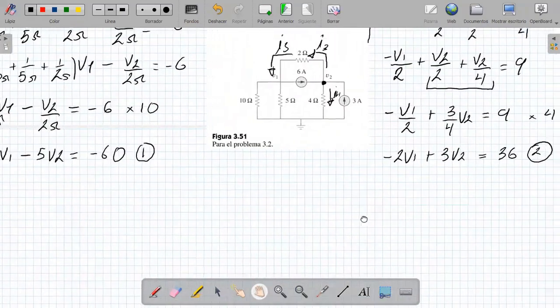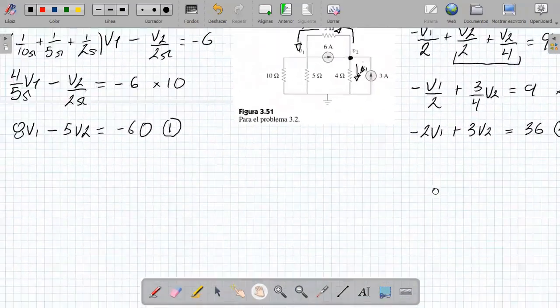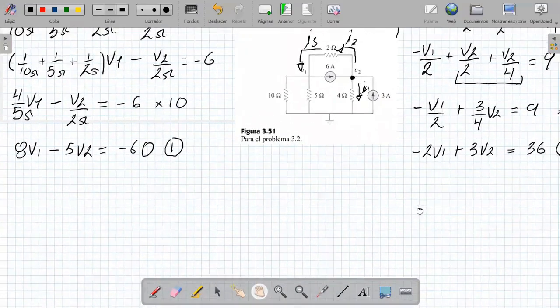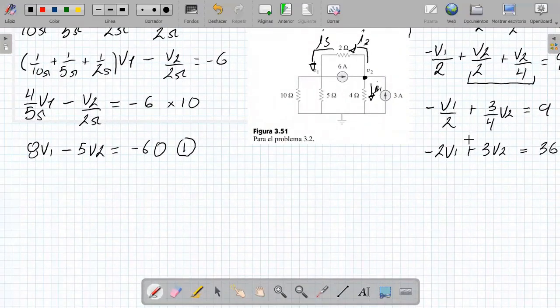Now, I have both equation 1 and equation 2. I'm going to mark it here. Here is equation 1 and I am going to write this same equation down here to leave the two indicated: minus 2V1 plus 3V2 is equal to 36 for equation 2.